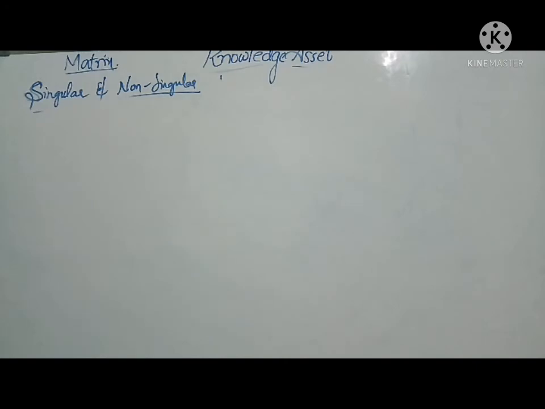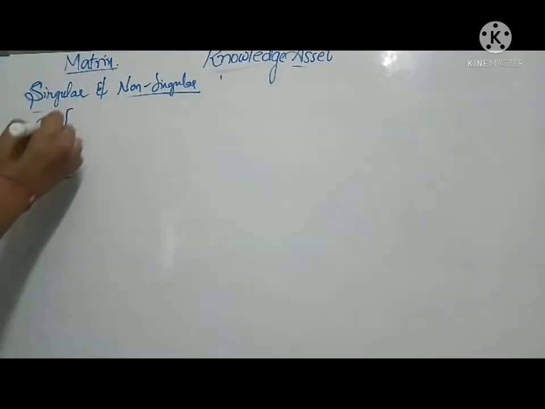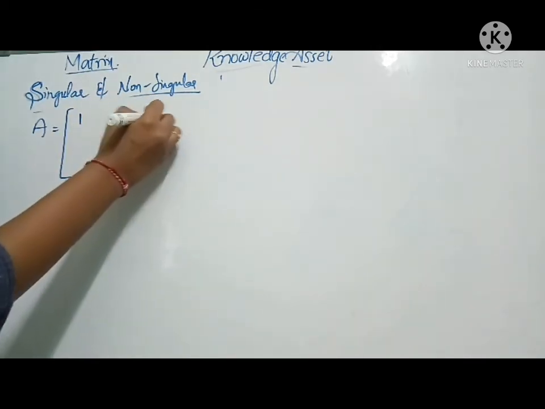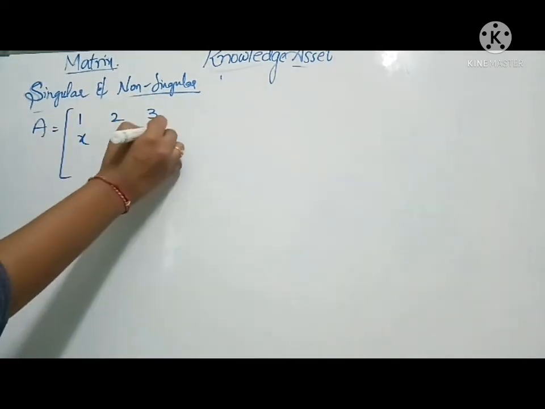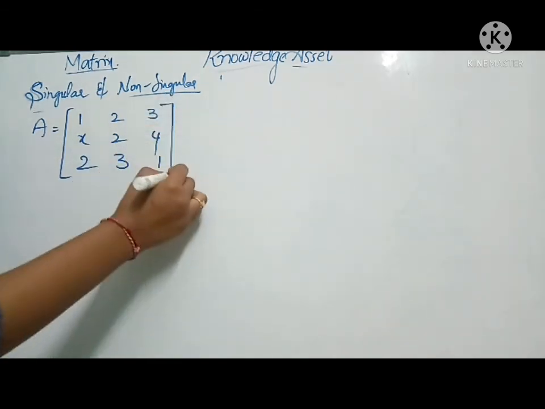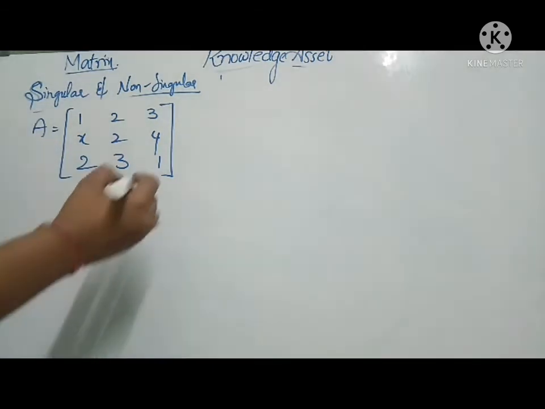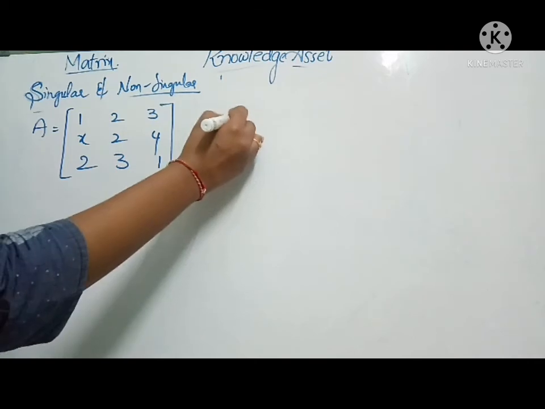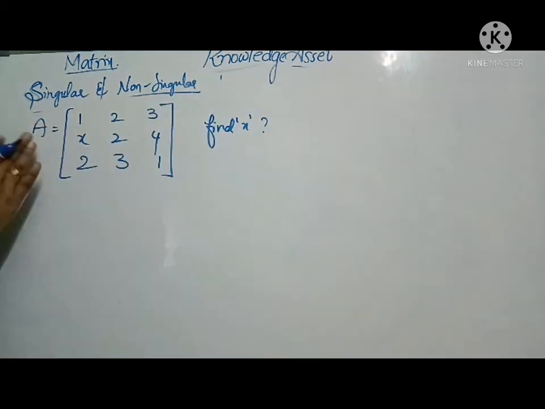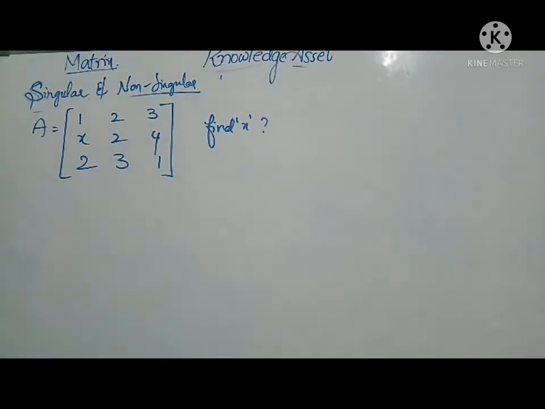The question asked is: if A = [1, 2, 3; x, 2, 4; 2, 3, 1] is a singular matrix, then find the value of x.